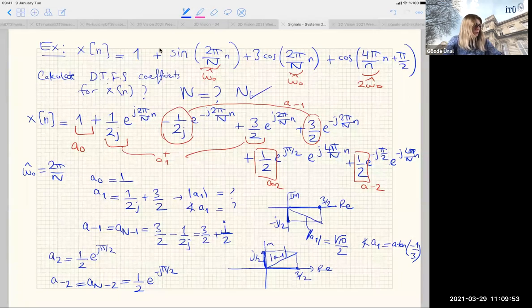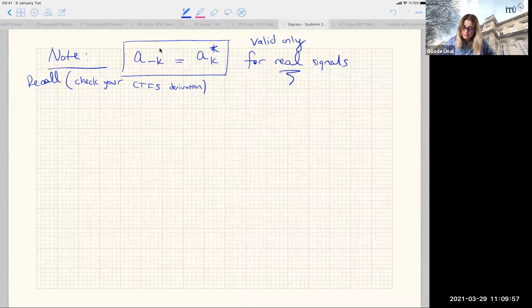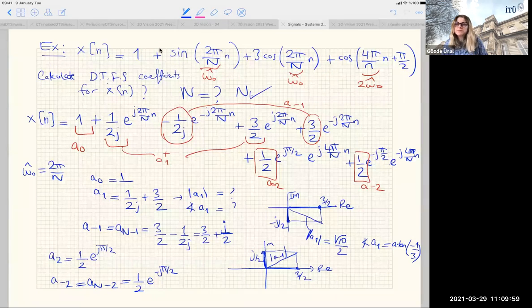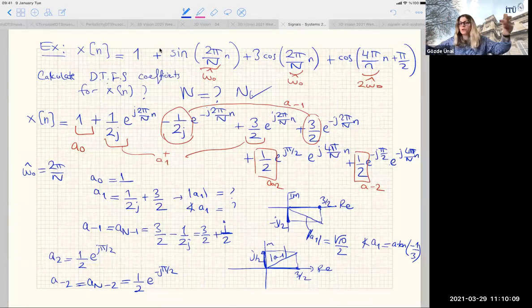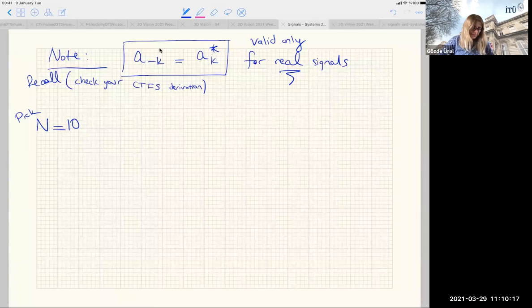Let me show it on the spectrum. This may look a little bit complicated, so let's pick a capital N to show on the spectrum. Let's pick N equals 10. I gave the general form of the equation with capital N. Now let's pick 10, which is given by construction.